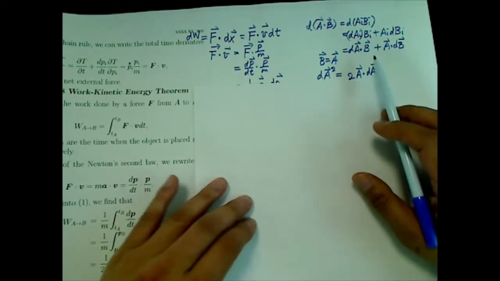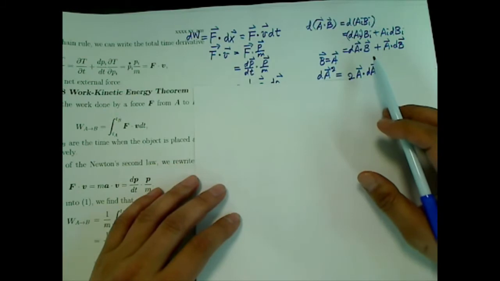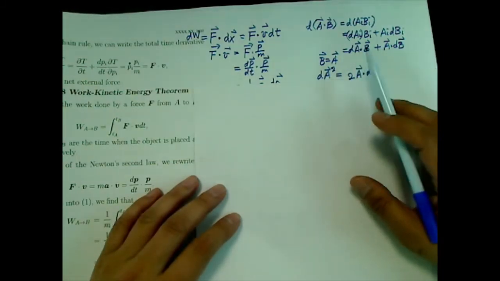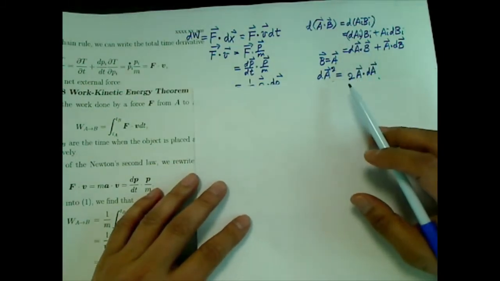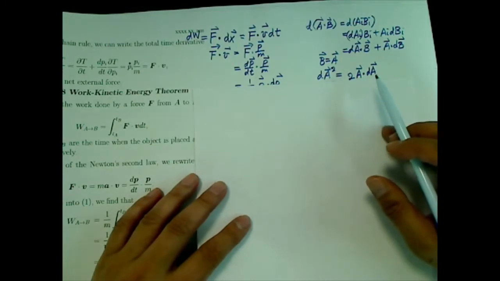The scalar product is commutative, so we can flip the order to have 2 times A dot dA.